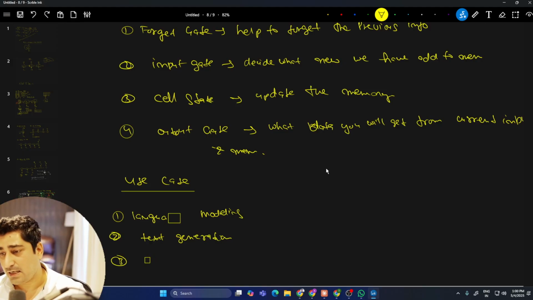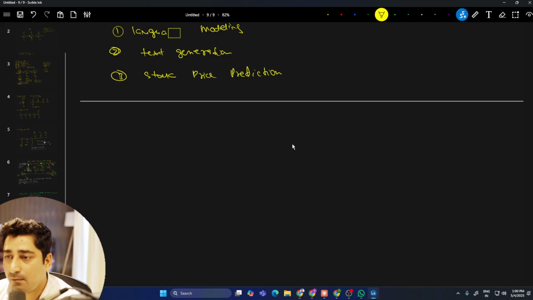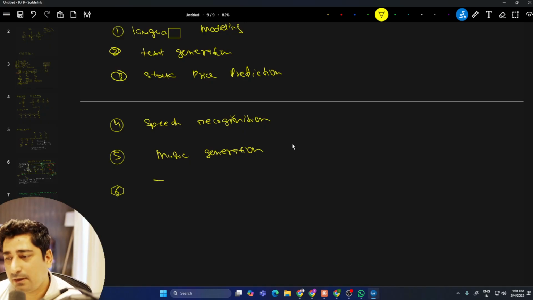Stock price is one of the specific use cases. Then the fourth one is speech recognition. The fifth one is, sixth one is time series.